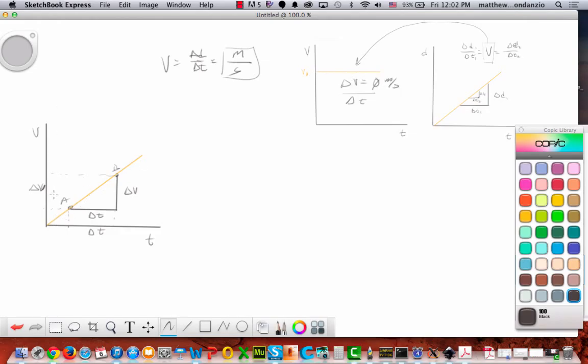However, now I'm going to draw a curve in velocity versus time where my velocity is going to change. If my velocity changes, what does it mean I'm doing? I'm either speeding up or slowing down, or what do we call it? The delta V over delta T is what we call acceleration.